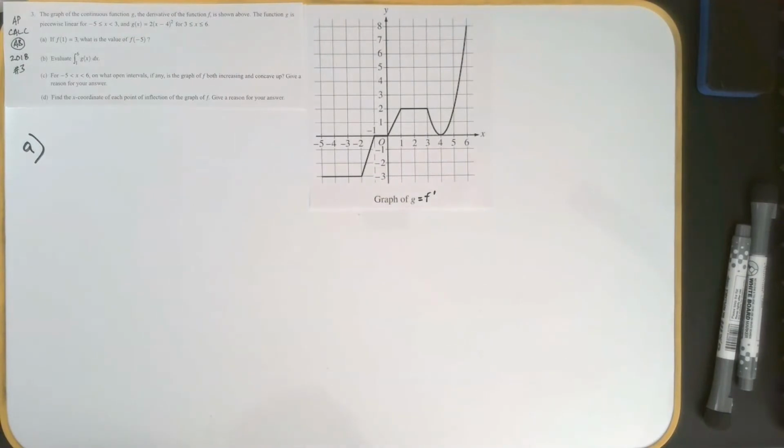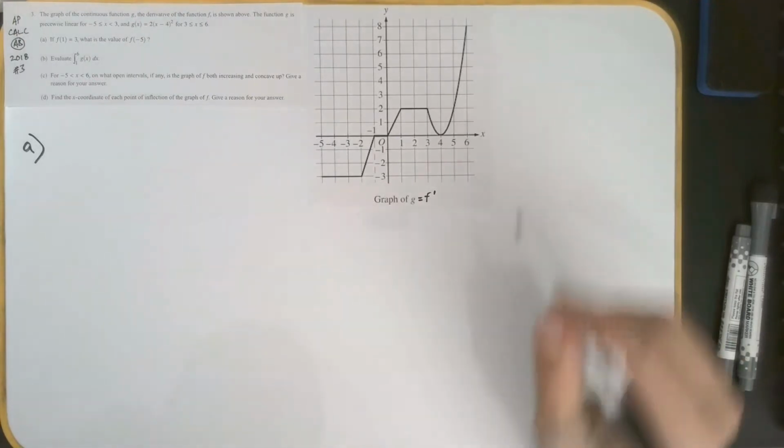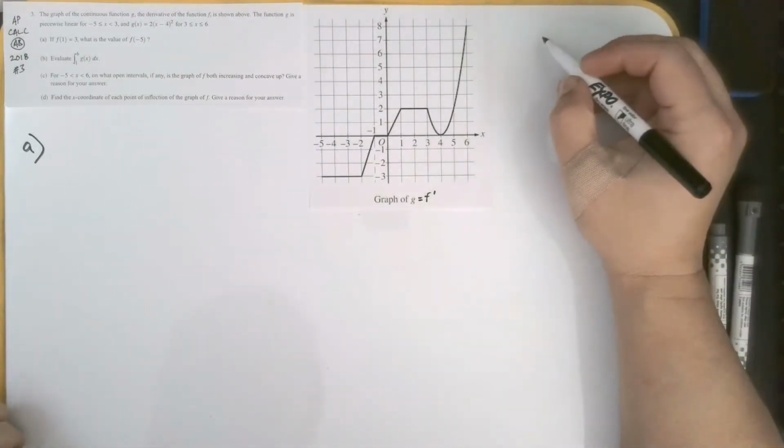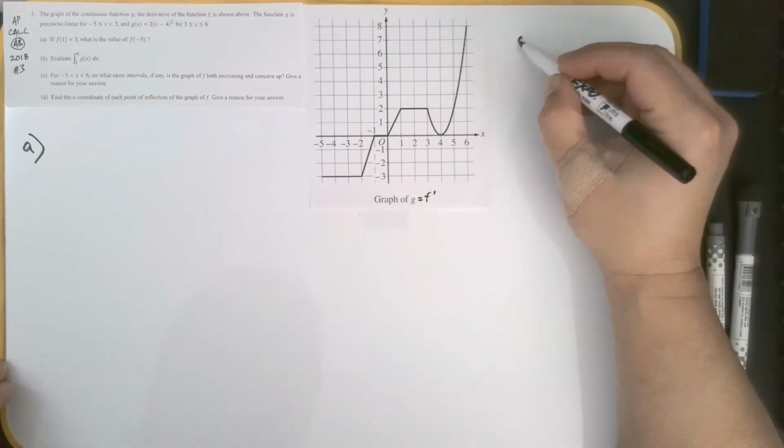Now, normally on derivative graphs, the challenge or the questions typically have to do with area under a curve, meaning integration, and can you weave those two concepts together? And let's see what they ask here. So it says, if f of 1 is equal to 3, what's the value of f of -5? Well, off to the side here, I'm going to write down what they said this function was, just for reference.